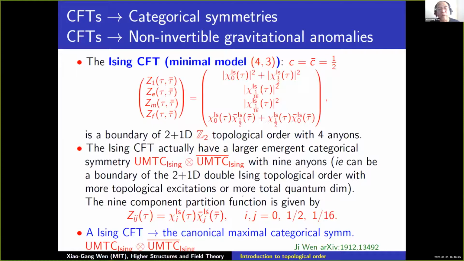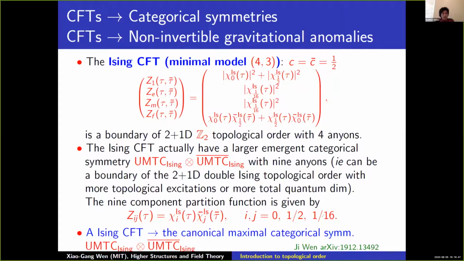So that's how we get the 9 partition functions. This one is included internally. Therefore, we have an even bigger categorical symmetry. This is a very good question: the maximum categorical symmetry of the Ising CFT actually contains the Kramers-Wannier duality symmetry.